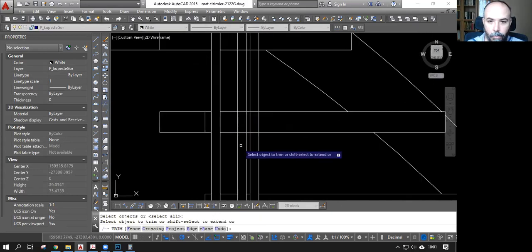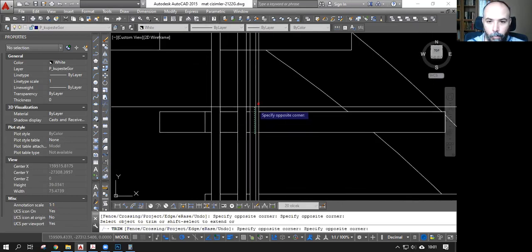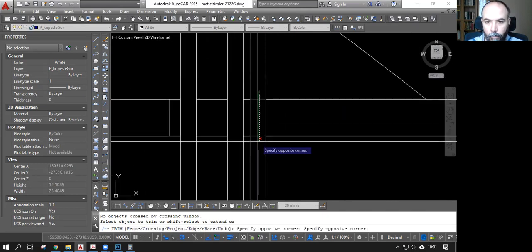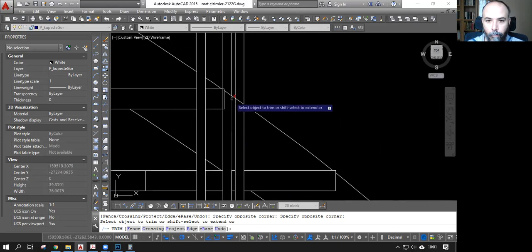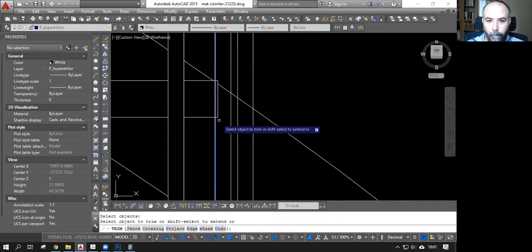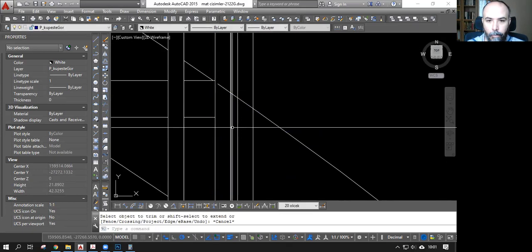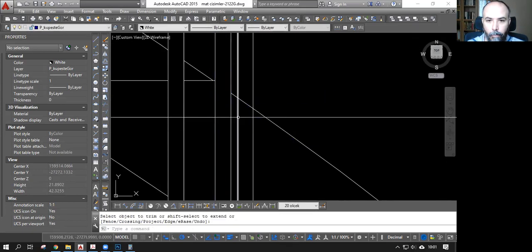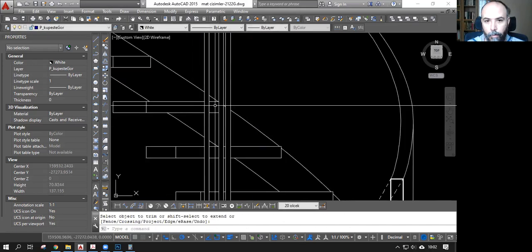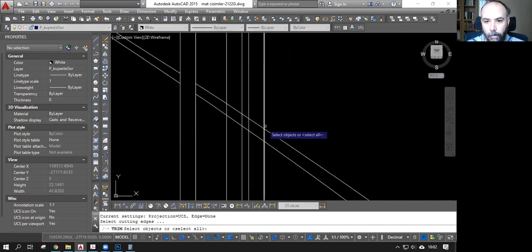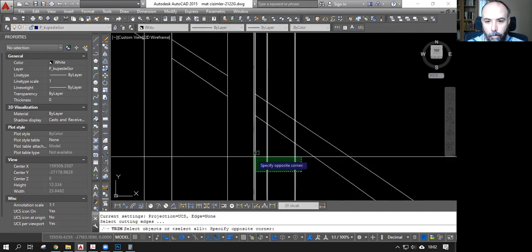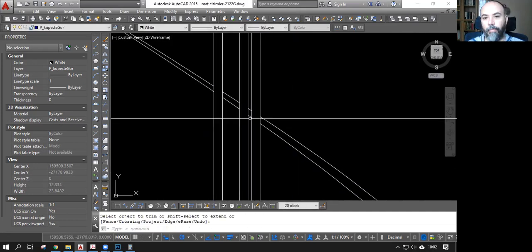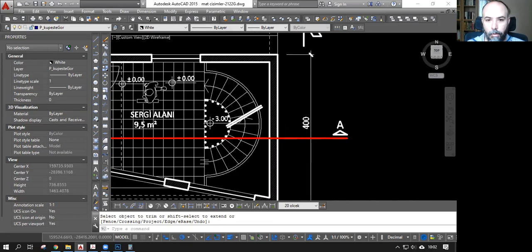And these ones. And the handrail as well. Those two. And let's do the rest.